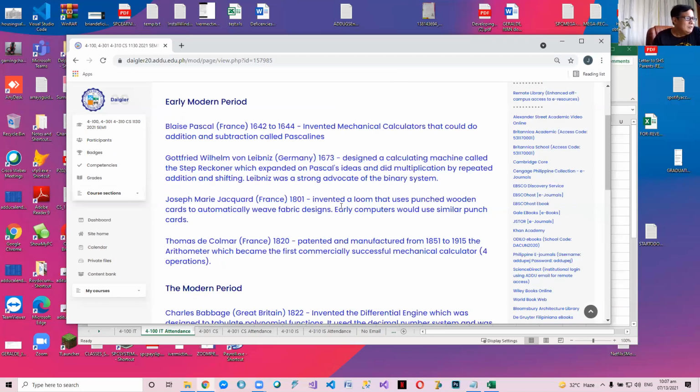Okay, and then in 1801, there was a mechanical invention that was used for weaving fabric designs. It's not used for computing. It's called the Jacquard's loom. Okay? It was invented by Joseph Marie Jacquard from France in 1801.